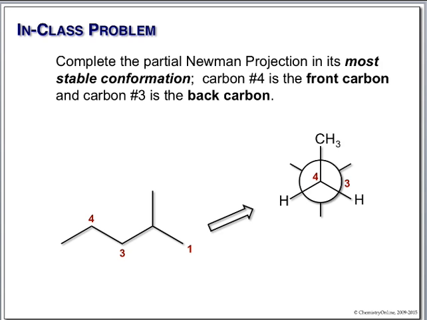Again, to get the most stable, we want the methyl and the isopropyl on opposite sides. There's our hydrogens, and there's the isopropyl. This down here would be what we labeled as carbon 1. Once again, carbon 1, 2. The big ball is 3. Come forward to 4, and that's 5.